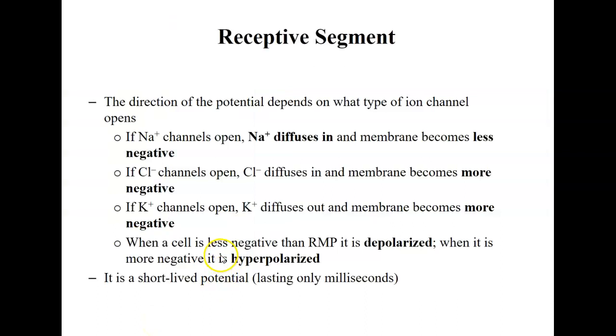And so when the cell is less negative, the resting membrane potential is depolarized. So the only one here that would depolarize it, or in other words, cause it to become less negative, would be sodium moving in. And remember, this is a short-lived potential, and so it only lasts for a few milliseconds, and it could lead then, if there's enough sodium going in, to threshold and therefore a depolarization as those voltage-gated channels open.